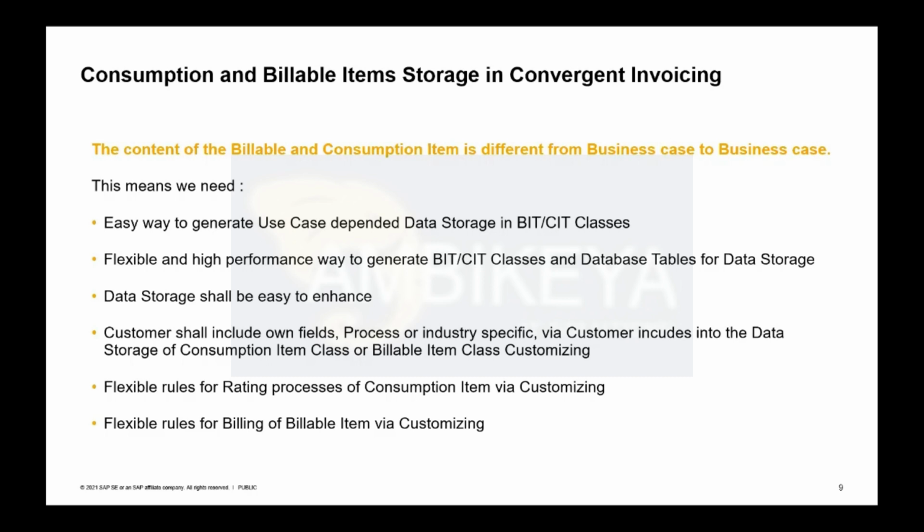And Convergent Invoicing then creates a set of databases that are relevant for raw data or for bill data. So behind it is a very high-performance structure, for how to move and handle the data in the best way and to handle the processes. This makes it very flexible.